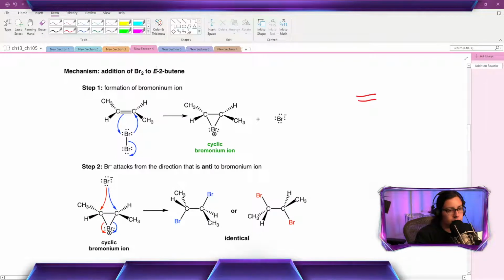And sometimes you see this E or Z. So E means opposite. Z would be cis, same side. So we have our trans isomer here.